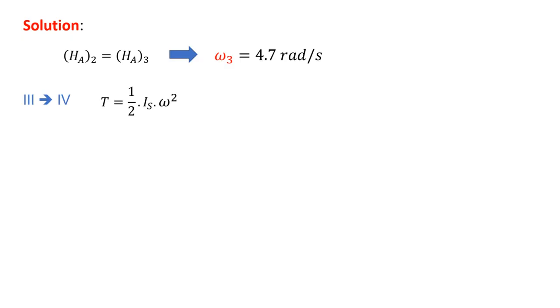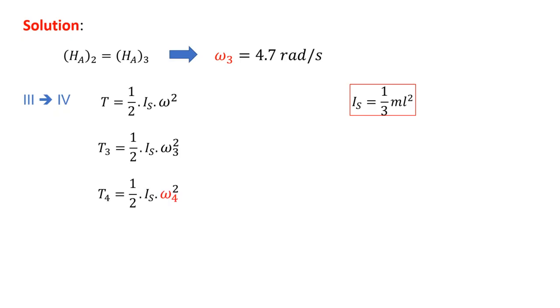Angular energy is going to be applied. So here the IS is going to be 1/3 mass multiplied by the length squared. The omega is going to be the omega 3 and omega 4. So in state number 3, we're going to use half of the IS omega 3 squared, and the state 4 is going to be equal to half of the IS omega 4 squared.